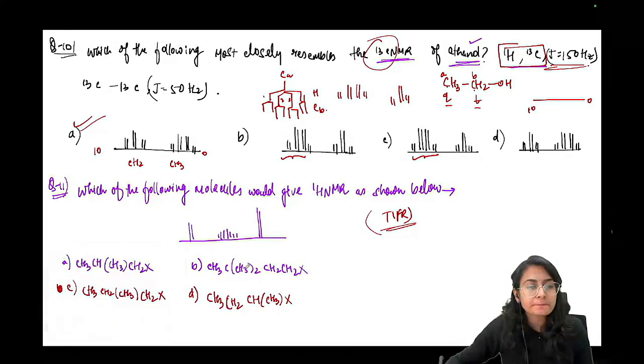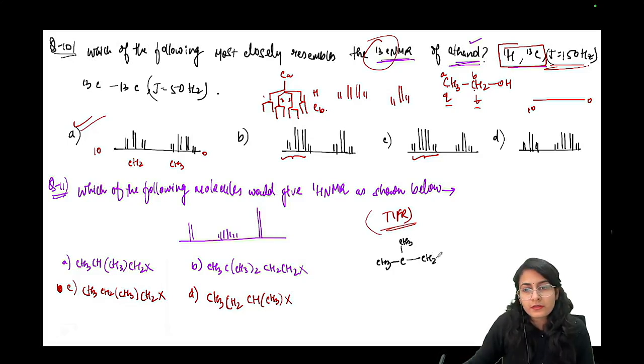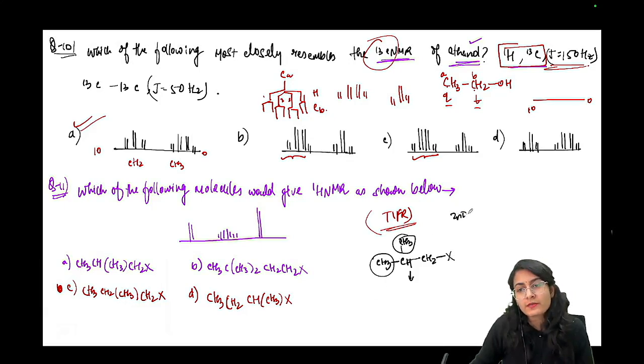Because here, look, you need a multiplet, isn't it, at the center? So this hydrogen is going to be split by 6 hydrogens. 2nI plus 1 applies: 2 into 6 hydrogens into half plus 1, that is going to give you 7.